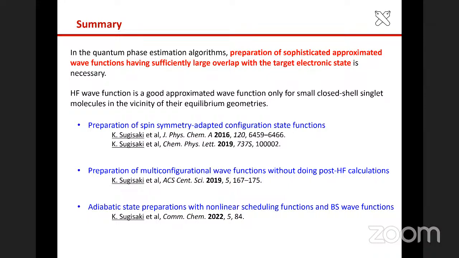In this study, we developed 3 different approaches. One is a preparation of symmetry-broken wave function, another one is a construction of multi-configurational wave function, and the final approach is the adiabatic state preparation technique.